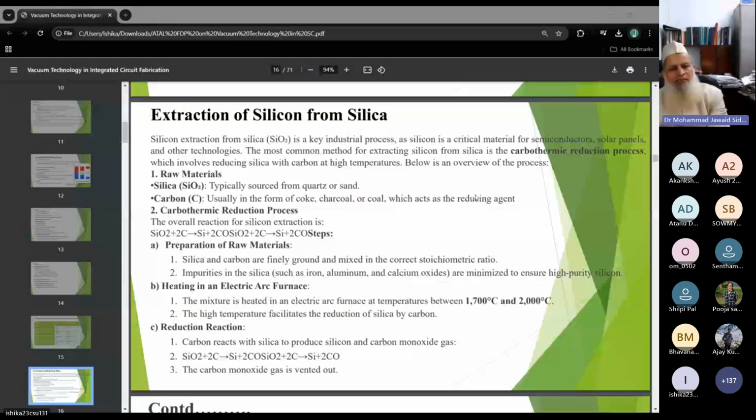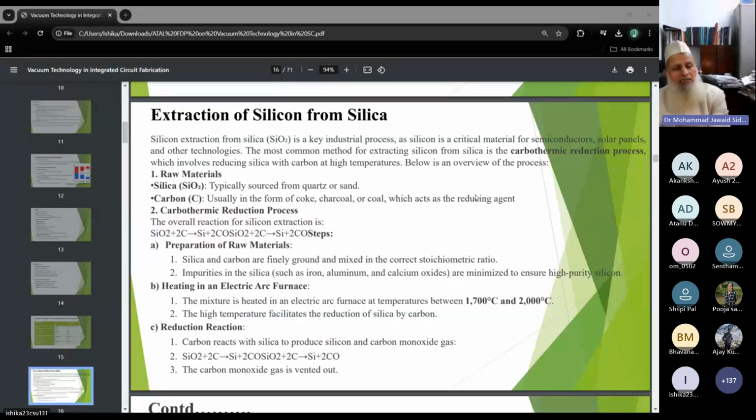So the next slide is based on the extraction of silicon from silica. Silicon extraction from silica, silicon dioxide, is a key industrial process, as silicon is a critical material for semiconductors. As I told you, the whole electronics industry is based on silicon. The contribution of silicon in the electronics industry is almost 90 to 95%, and in some cases 98%.